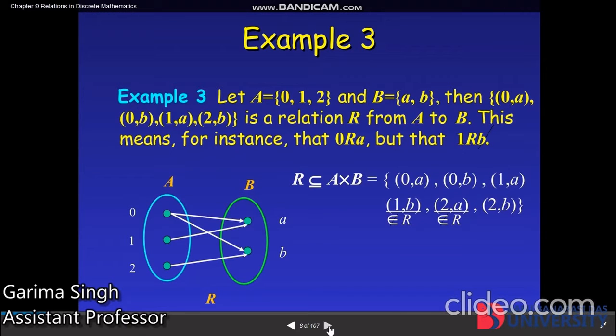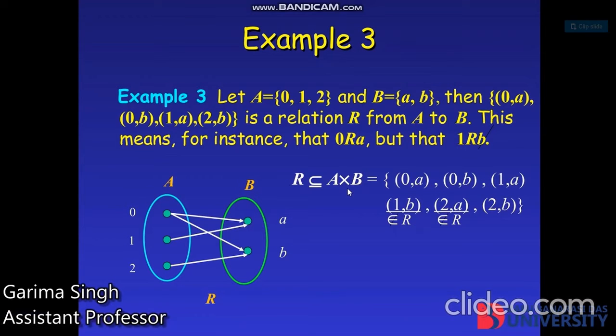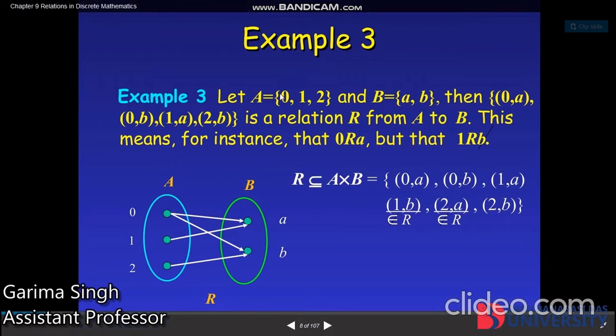Next, this example is showing that R is a subset of A cross B. How is it a subset of A cross B? We have been given two sets A and B. Then we have been given some relation R. That relation is (0, 0), (1, 0), (2, 1), with the first element from A and the second from B. This is a relation representation.